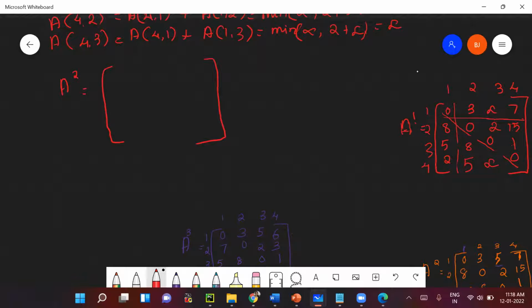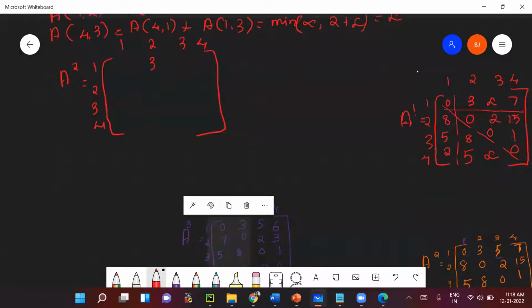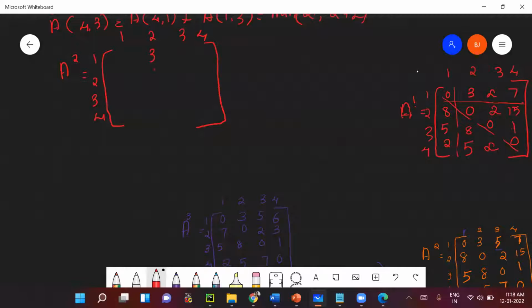We should be copying second row and second column. So which is the second row? Here it is. So first you write one. Second row will be 3, 0, 8, 5. Is it clear?